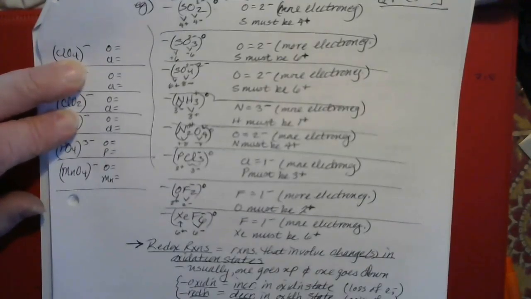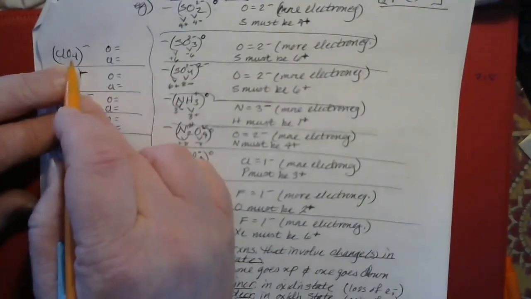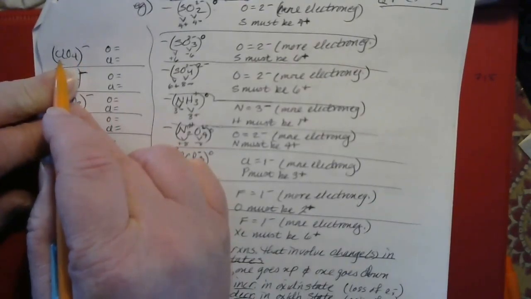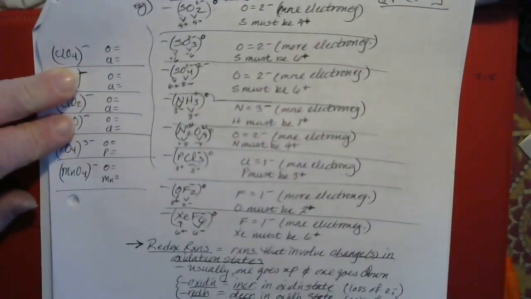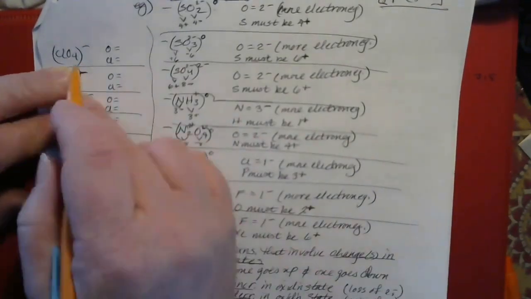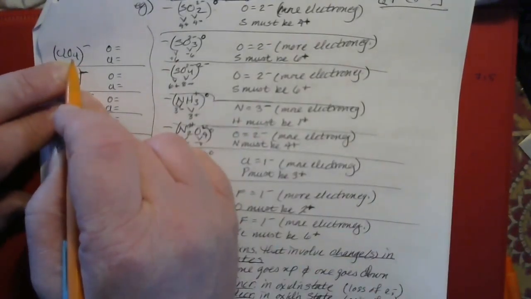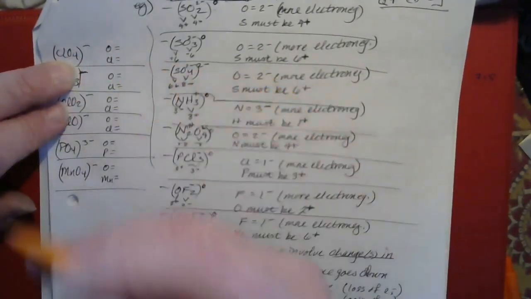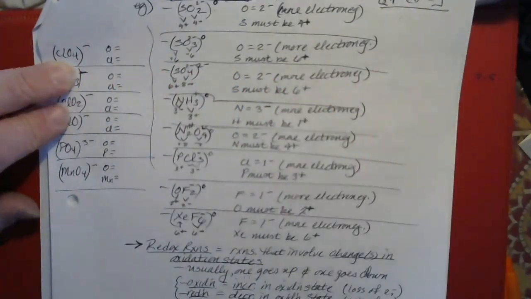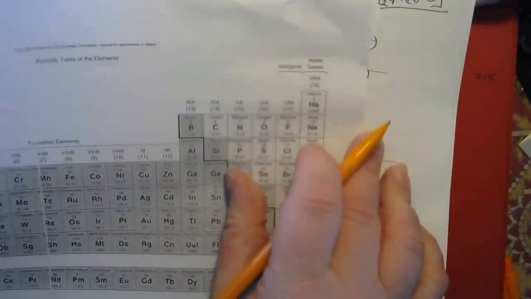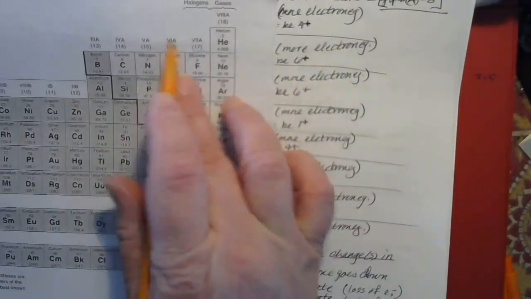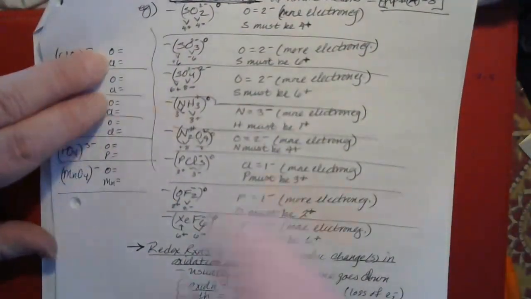Oxygen is the second most electronegative element of all, and chlorine is the third most electronegative of all. And so clearly here, oxygen is more electronegative. So oxygen takes the charge it would normally take as an ion. Oxygen is in group 6A, so the charge it would normally take as an ion would be 6 minus 8 or -2.